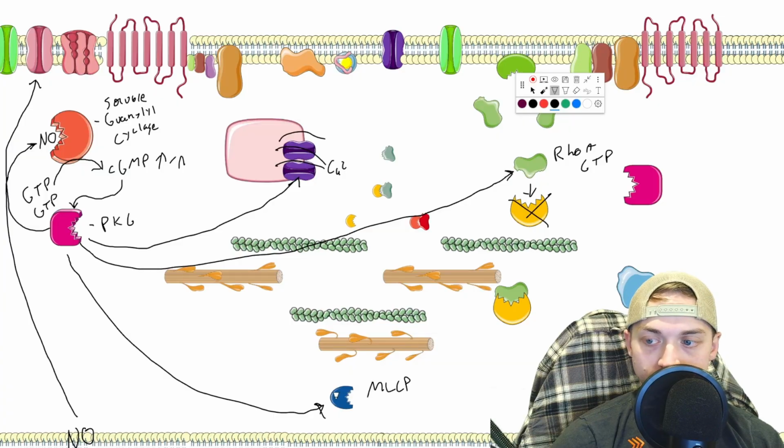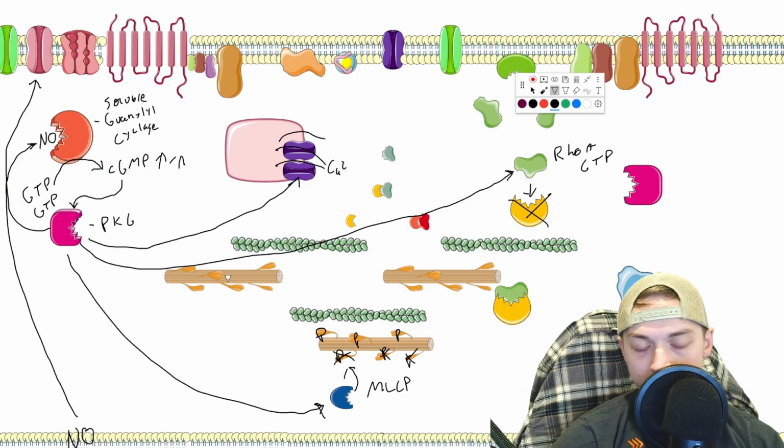And it's in a different spot. So what this is actually going to do is it's going to turn the myosin light chain phosphatase on so that it can start eating all of these phosphates away. And once all those phosphates are eaten away, the muscle relaxes, right?